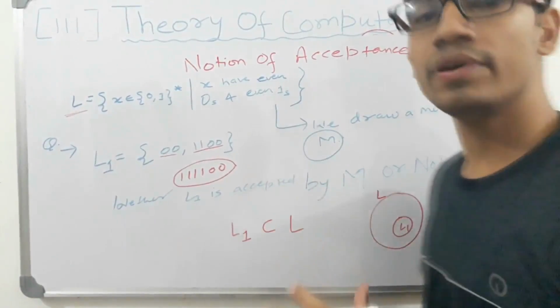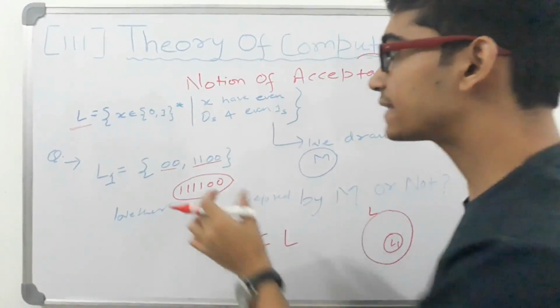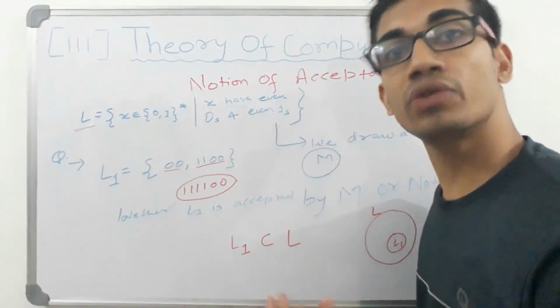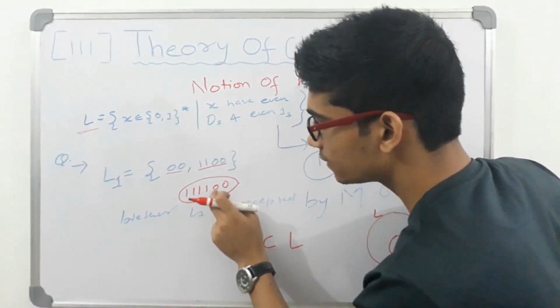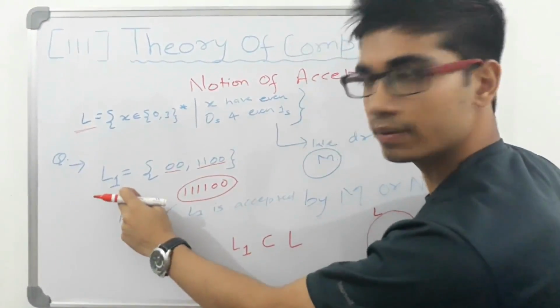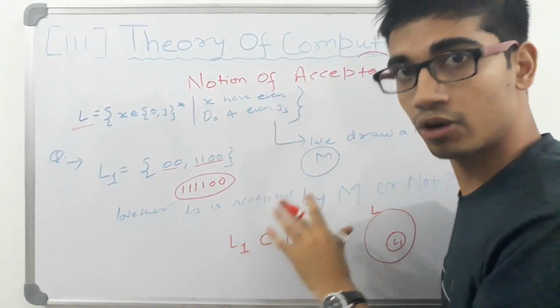Whenever we say that a machine is accepting some language, it must accept the valid strings and also reject the non-valid strings. This is not belonging to L1, but still this will be accepted by M, and this should not happen. Got my point?